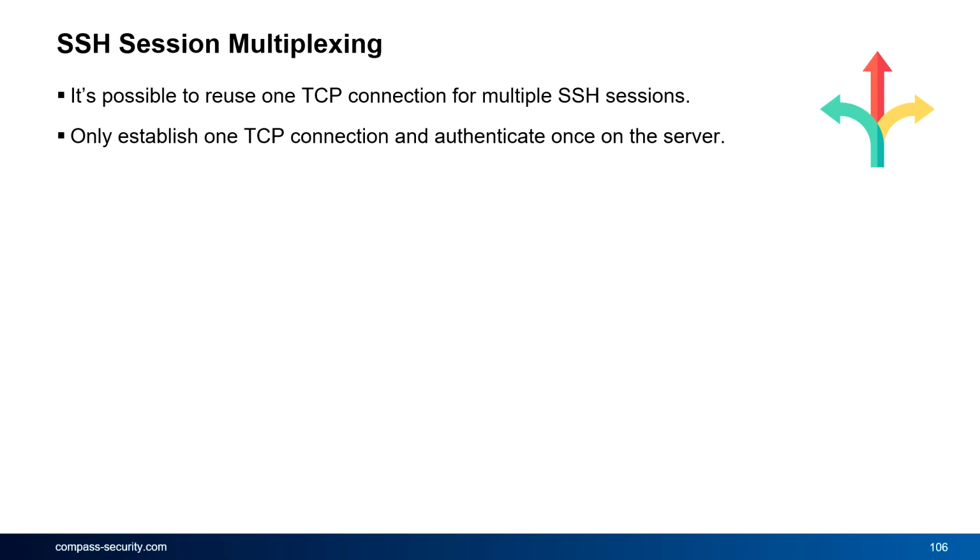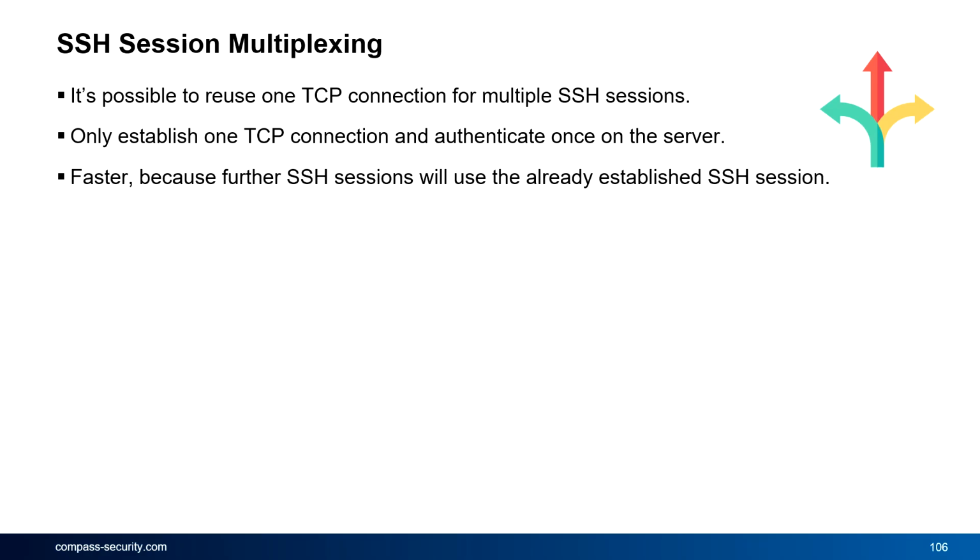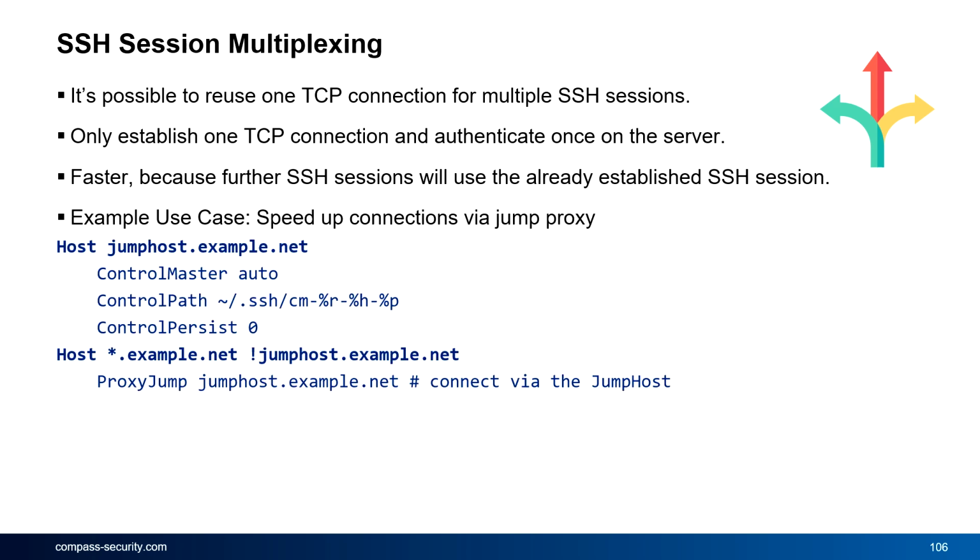Now, if you reconnect to the same host and want to open a new session, you will reuse your existing session, and this will speed up the connection. So you don't have to authenticate and establish a new session every time, but you can just reuse your already existing session.